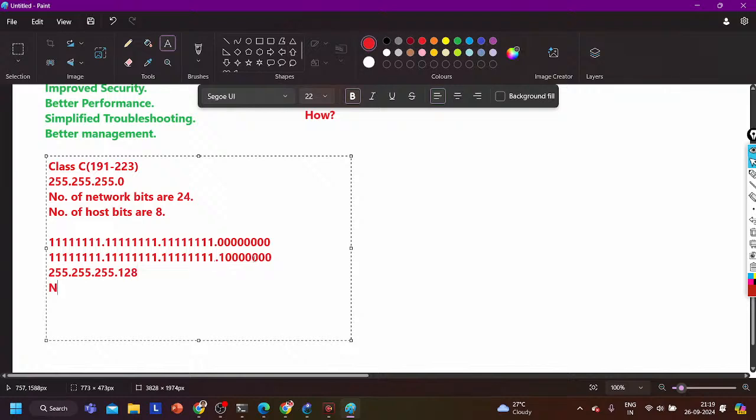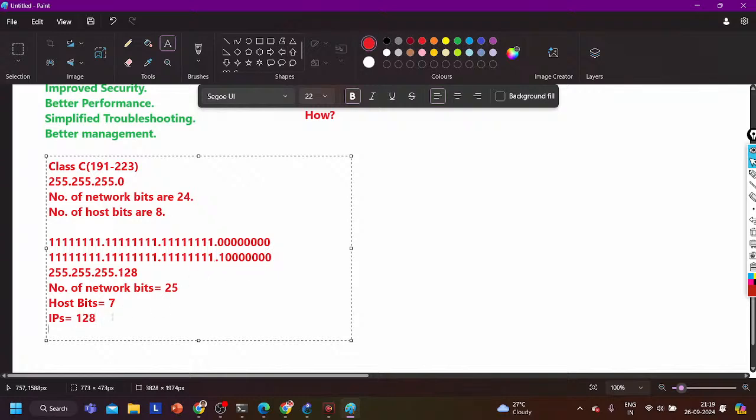Now tell me the number of network bits. The number of network bits, guys, is 25. The number of host bits is 7, right? Means valid IP addresses now, how many IPs are there? 2 to the power 7, which is 128. Now you can see in one network we have 128 IP addresses.